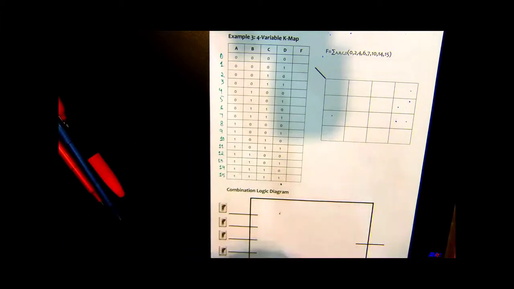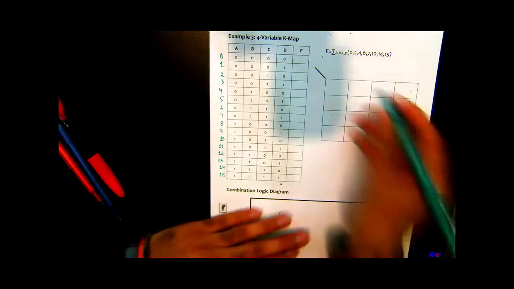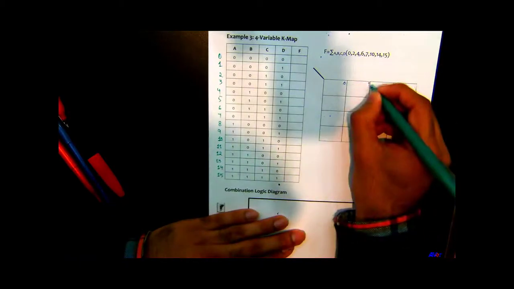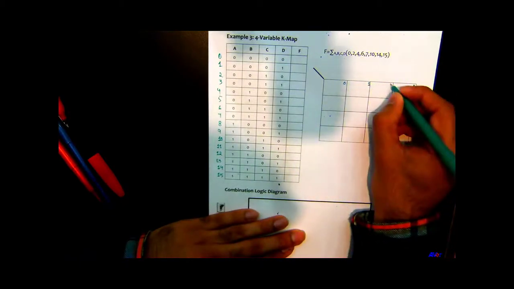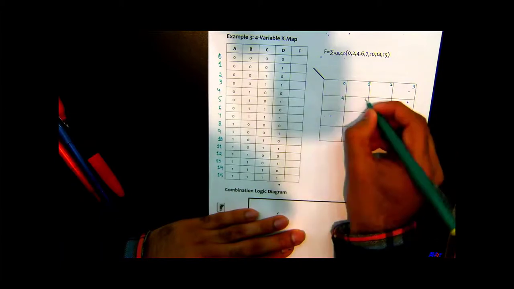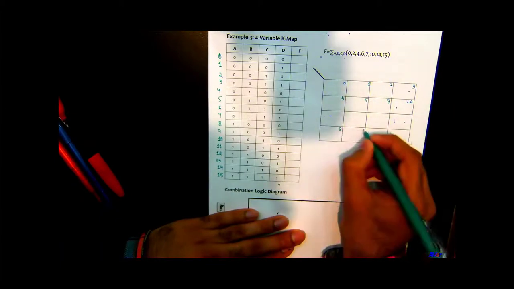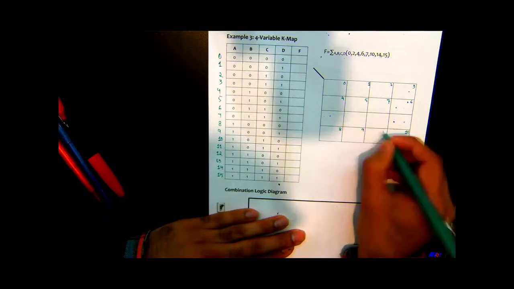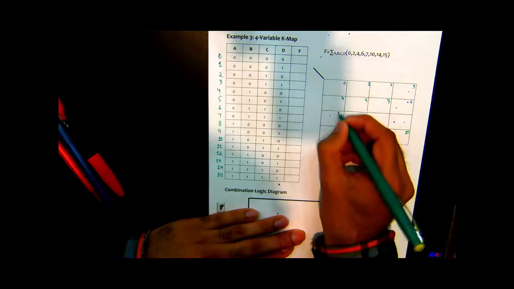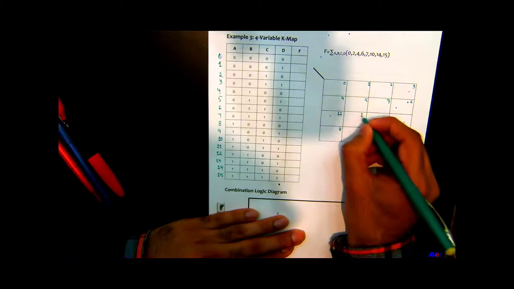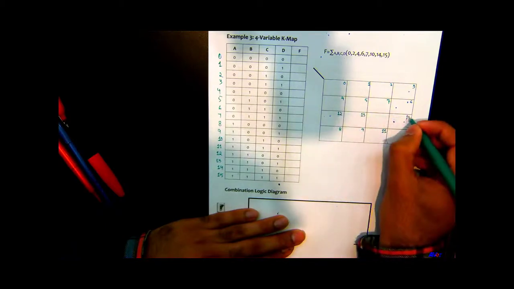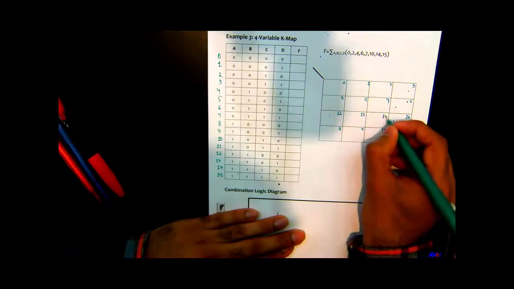The arrangement in the cells for a 4-variable kmap is going to be 0 1 3 2, 4 5 7 6, 12 13 15 14, 8 9 11 10.